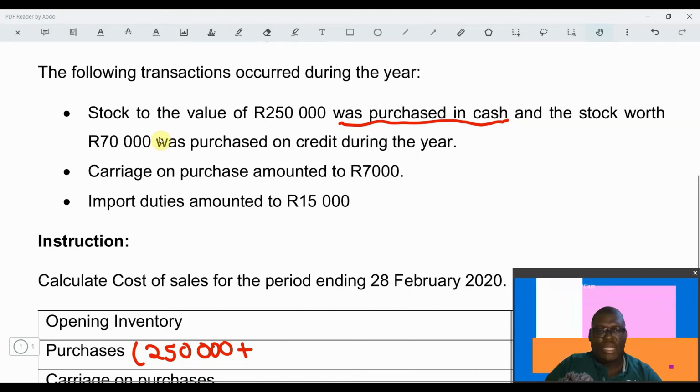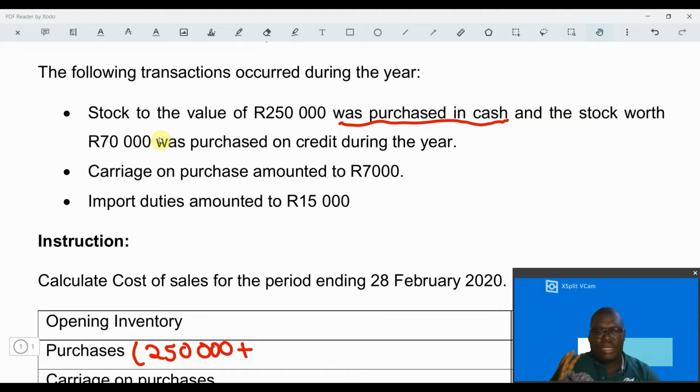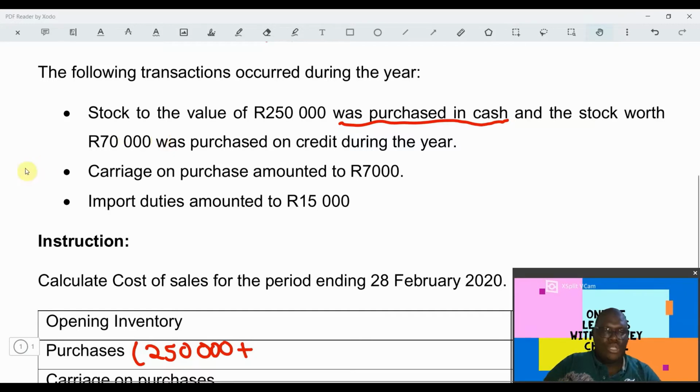Remember, when you're using the periodic inventory system to calculate the cost of sales, you will be operating on the purchases account during that period, because the cost of sales is updated at the end of a particular period, which I said before can be a month, a quarter or a year, depending on when you want to update your cost of sales as a business. So during that time when you're making purchases, you record the information about the purchases in the purchases account, which is why we have purchases here.